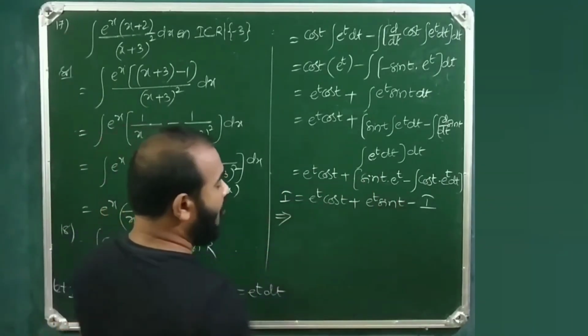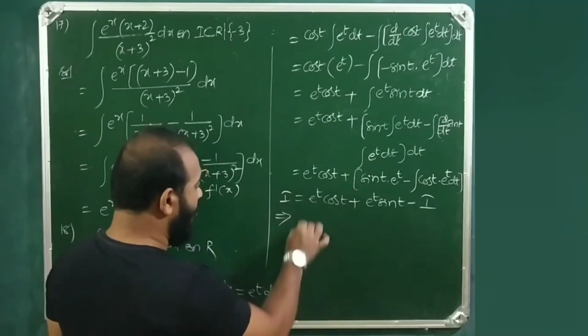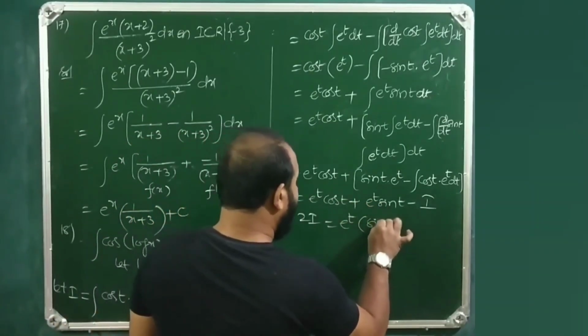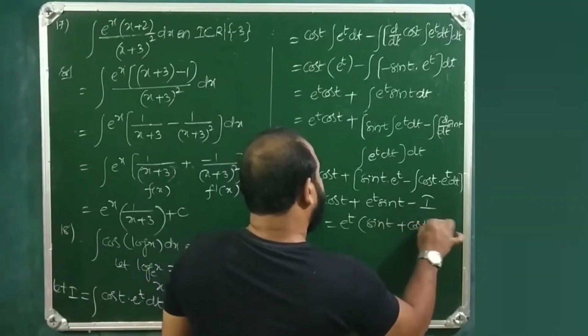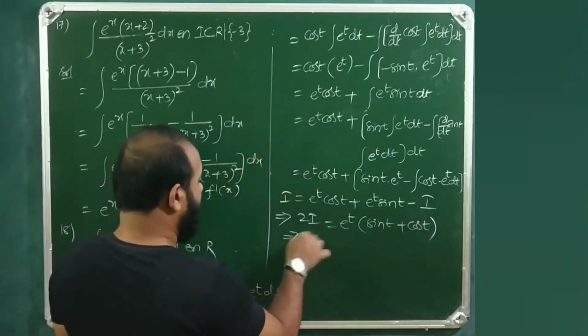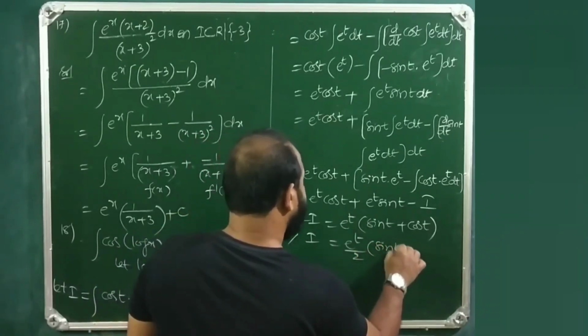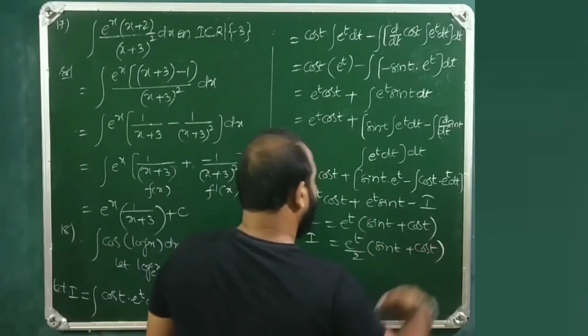So on transposing I to the other side, 2I is equal to e power t common, and we get sin t plus cos t. So I is equal to e power t by 2 into sin t plus cos t.